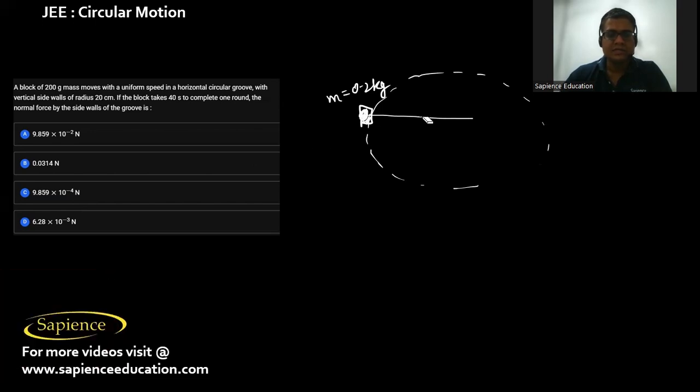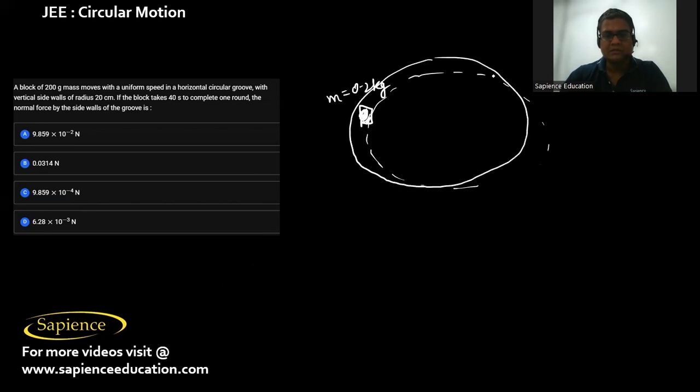So there is no string attached. It is a kind of circular groove with vertical walls, and it is having radius that is 20 centimeters. So that is 0.2 meters.